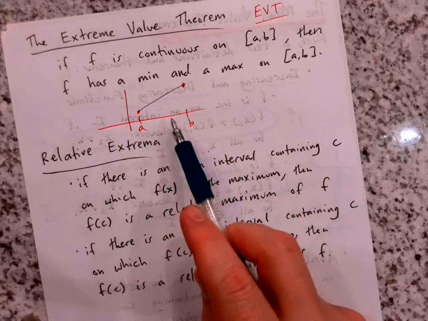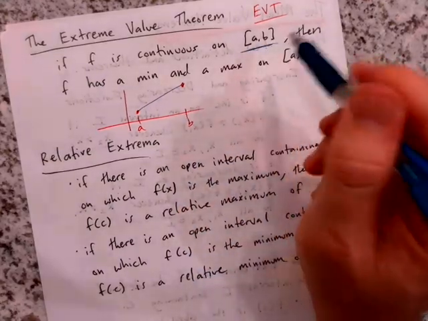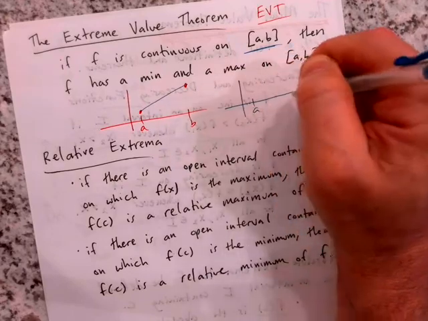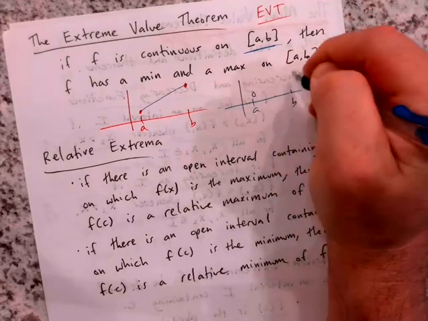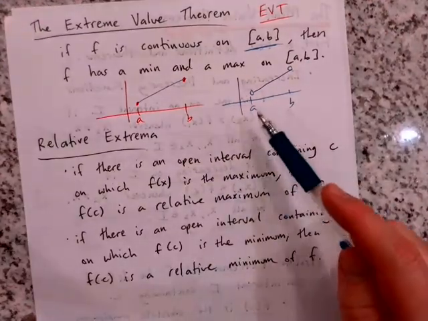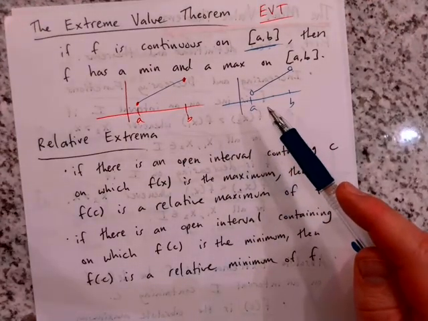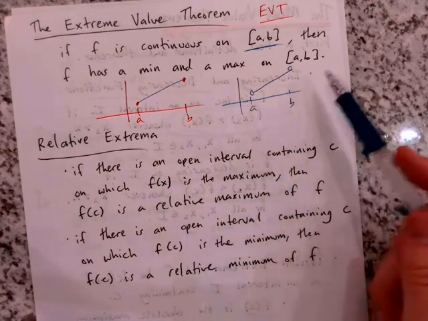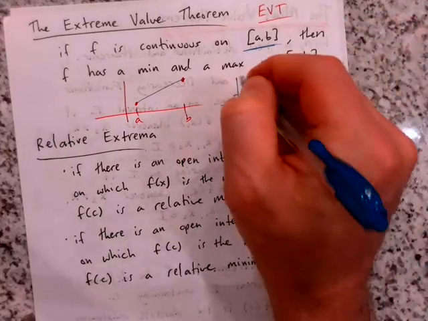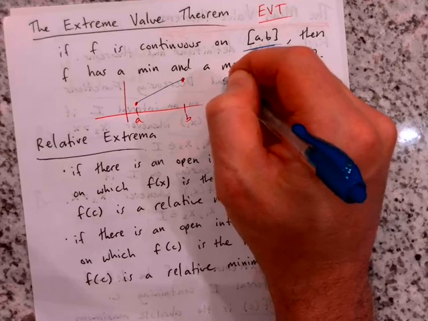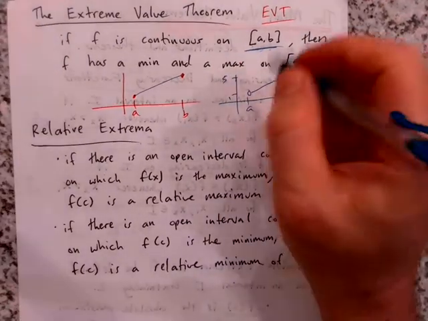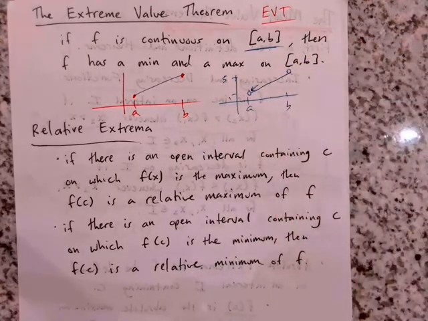And that, by the way, is why the interval has to be closed. If you had open endpoints there, open at a, open at b, this graph has no max or min. There is neither a highest nor a lowest point on this graph. Like if that was 1 and that was 5, the graph gets as close to 1 as you want from the right side, but never actually gets to 1.